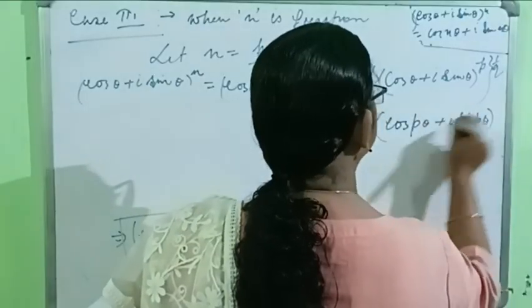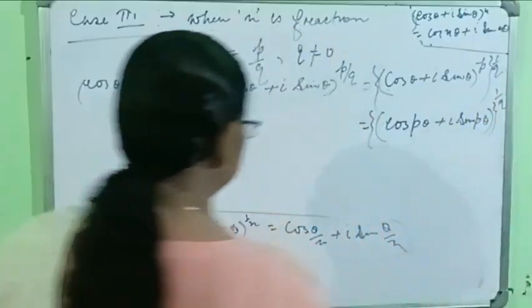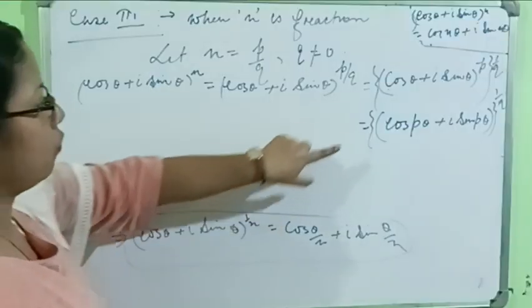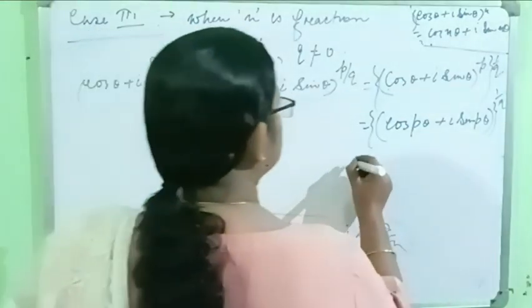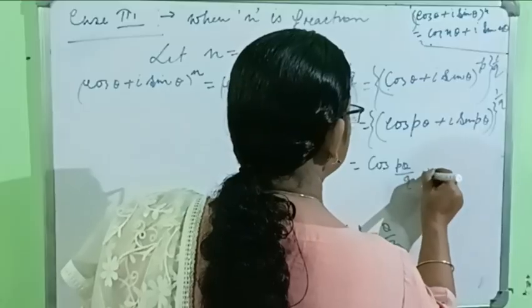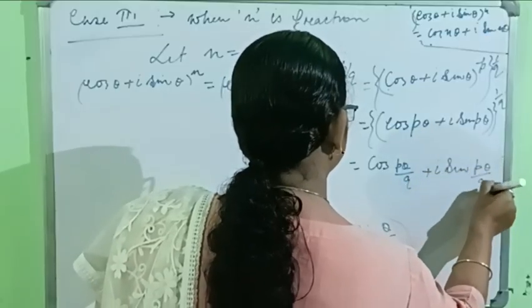Then for the 1 by q power, again from this result, if I replace n by q, I will write this as cos p theta by q plus i sin p theta by q.